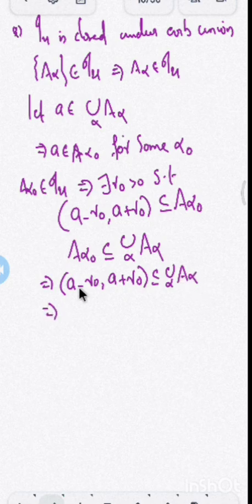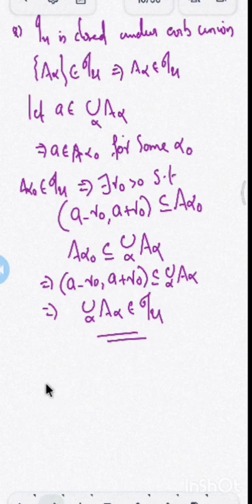Which implies when you take an element from this union, we get some radius, some real number R naught, such that this kind of interval is completely contained in that set. Therefore, this set has the required property of tau u, which implies the union over alpha of A alpha belongs to tau u. So tau u is closed under arbitrary union.